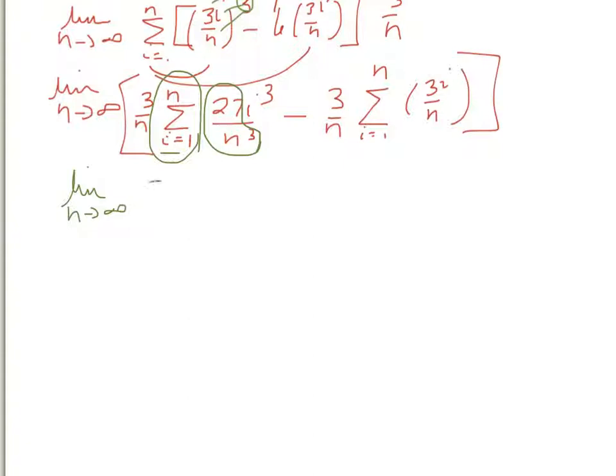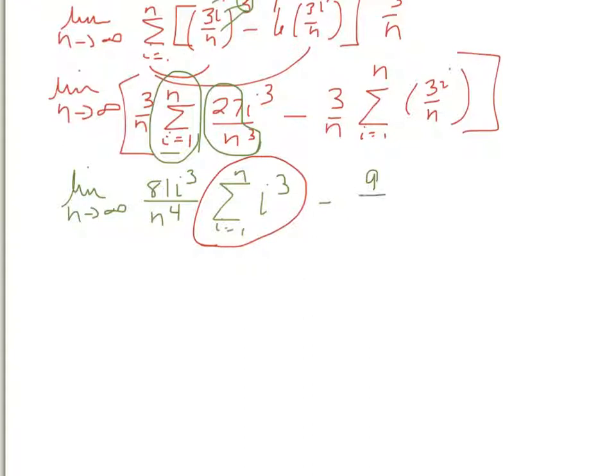So that'll get me 3 times 27, which is 81, i cubed over n to the 4th, and then I have my Riemann sum. And I wanted to do that because now if you recognize this, this is one of our formulas that we know we can substitute with n's. All right, so I have minus 9 over n squared, sum i equals 1 to n of i. And again, hopefully that's one that we recognize, and that limit is still being applied to all of that.